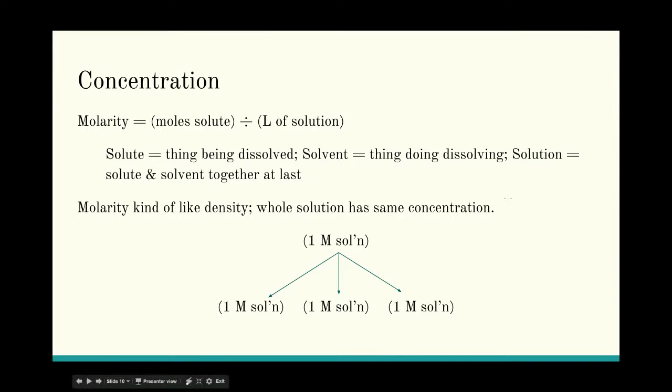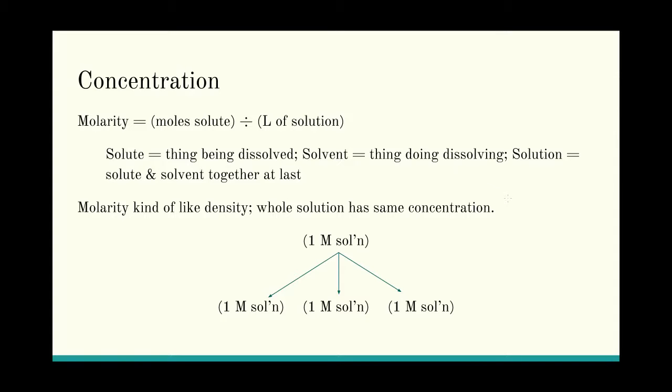Now, the reason we have to differentiate the solvent and the solution is because the solute will increase the volume of the solution. They dissolve, they don't disappear. So the solution is going to have a somewhat larger, not a whole lot larger, but somewhat larger volume than the solvent.